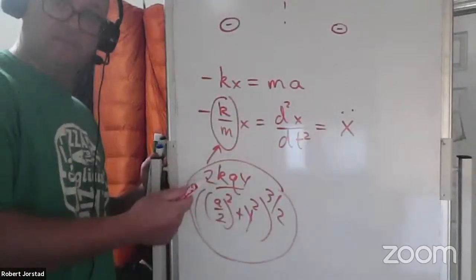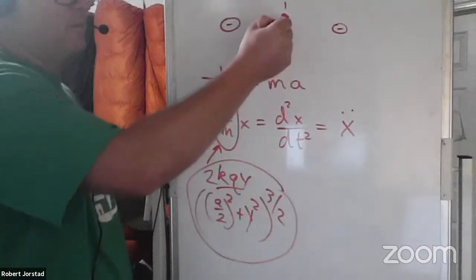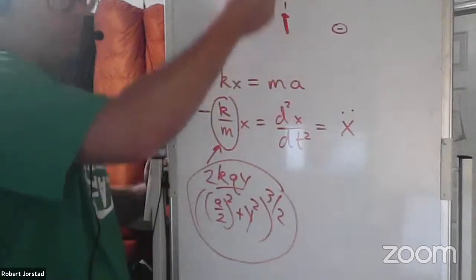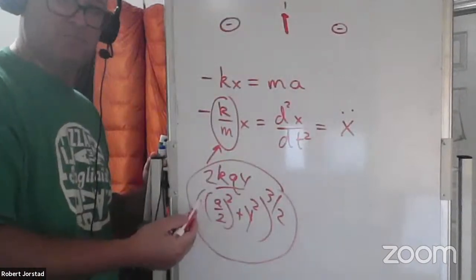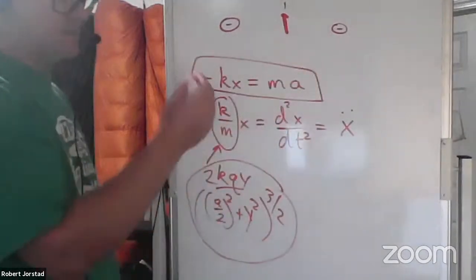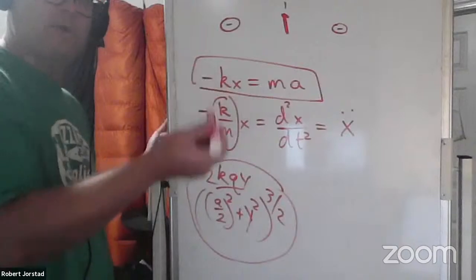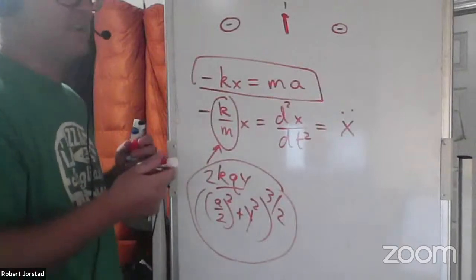It's complicated. Only if y is a very small number will this be simple harmonic. If y is a large number, the force is changing wildly. And only when we have a force with a spring constant like this, a linearly changing force, would we expect simple harmonic motion.